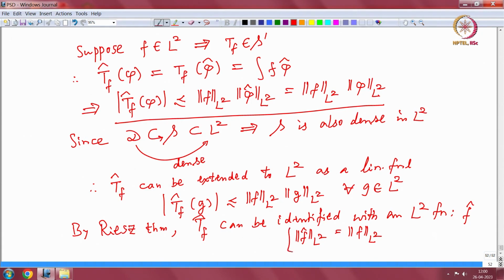So you also get this partial relation. So as far as the functions in L1 and L2 are concerned, this new definition of the Fourier transform as a tempered distribution also coincides with the old one.